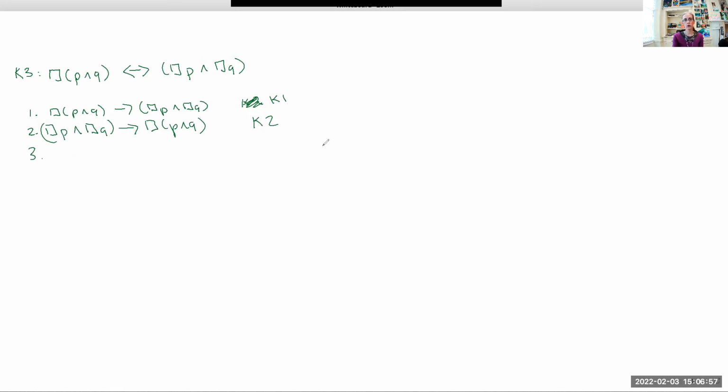Now, we could do some sort of propositional tautology, say if P implies Q, then if Q implies P, then we have Q if and only if P. We could do the substitution instances and two instances of modus ponens, or we can just go directly to the biconditional.